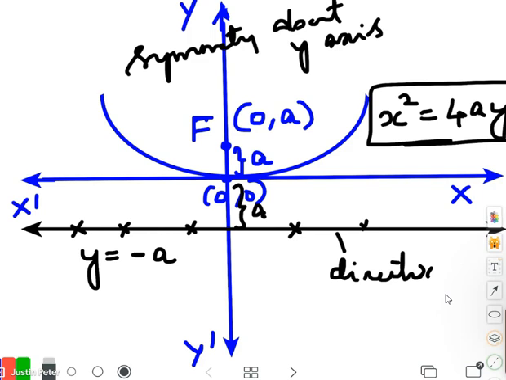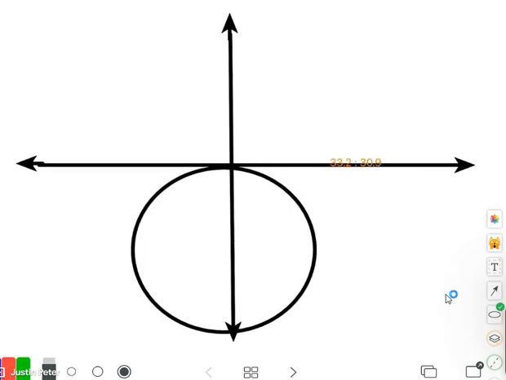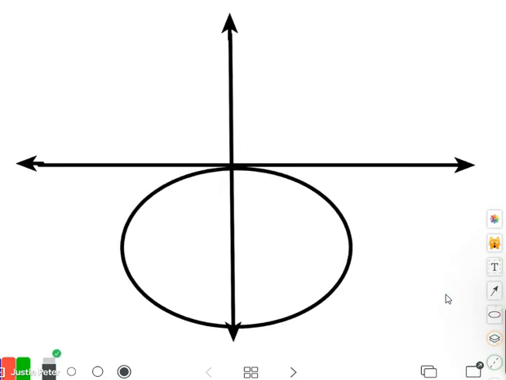Since I use the tool, it is going to look like a ball, but it is not a circle. So the other parabola could be like this, which is going to be below the x-axis.